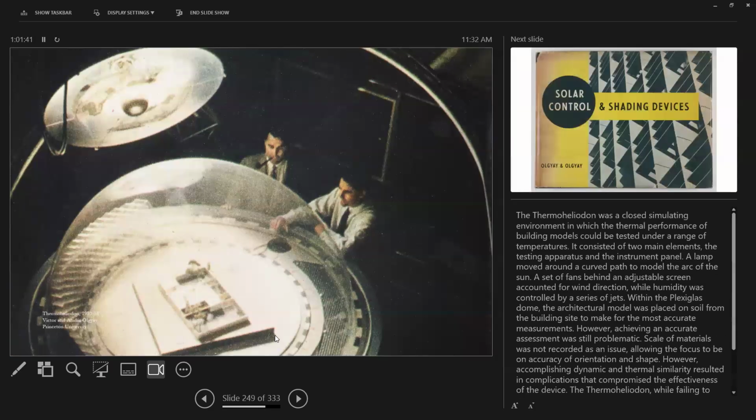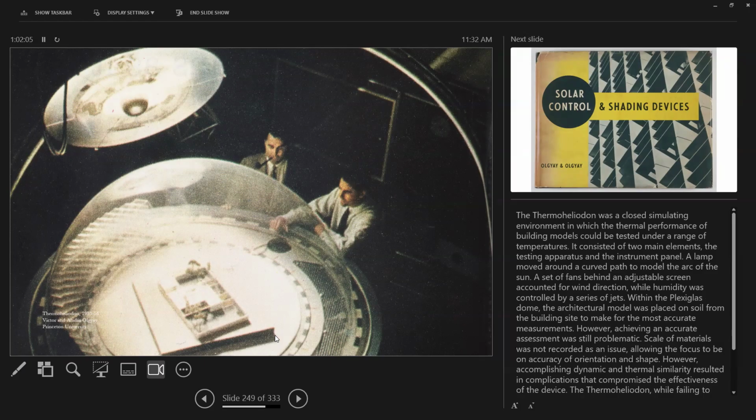The greatest one of these is the thermoheliodon. I don't know if you guys have seen this before. Victor Olgyay and Aladar Olgyay at Princeton in the 1950s. They were obsessed with solar shading and bioclimatic design. They wrote both of the books on those things, and they created this wild machine.